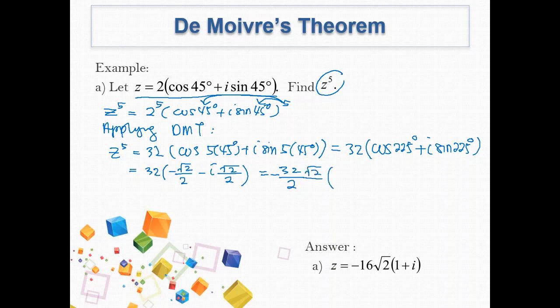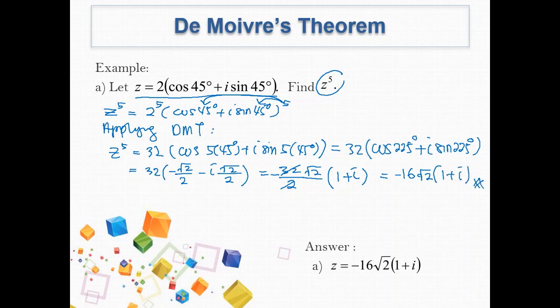So what we have inside is only 1 plus i. This one cancels with that, and you get 16 square root of 2, 1 plus i. So that is the answer.